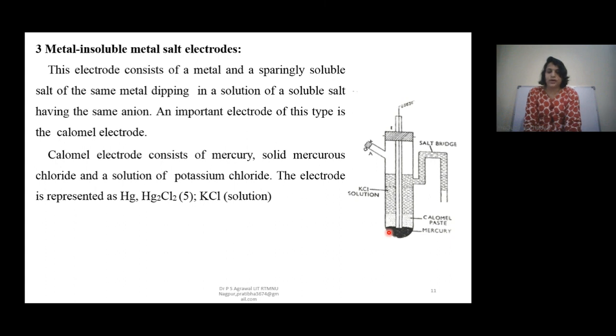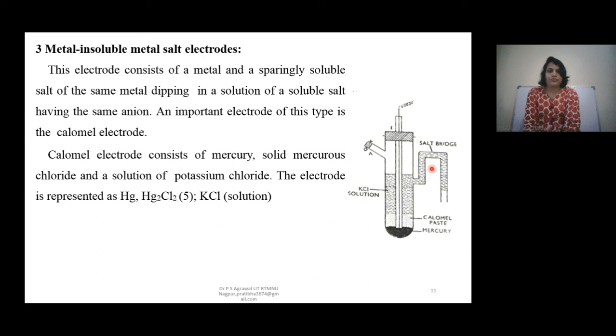A tube containing mercury is fused with a platinum wire at its lower end, to serve as a contact with the mercury of the electrode. The tube should contain sufficient mercury to sink the platinum contact.